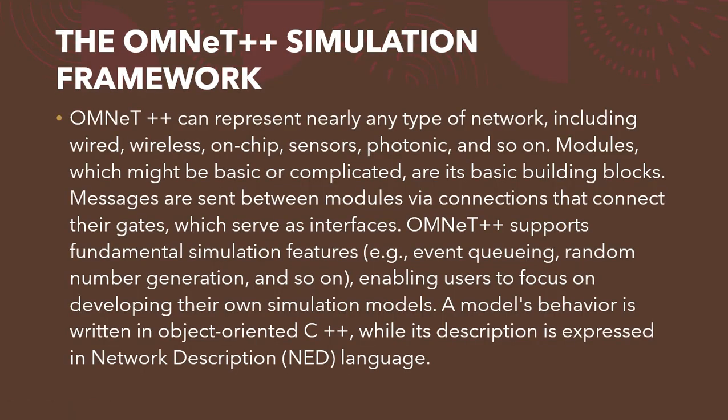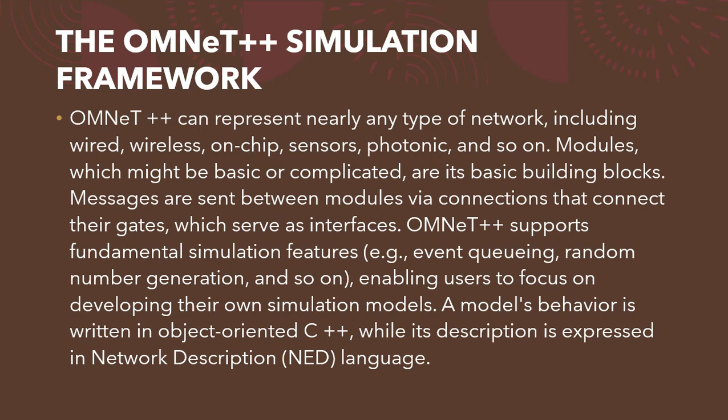Now we look at the OMNeT++ simulation framework. OMNeT++ can represent nearly any type of network, including wired, wireless, on-chip, sensor, photonic, and so on. Modules, which might be basic or complicated, are its basic building blocks.